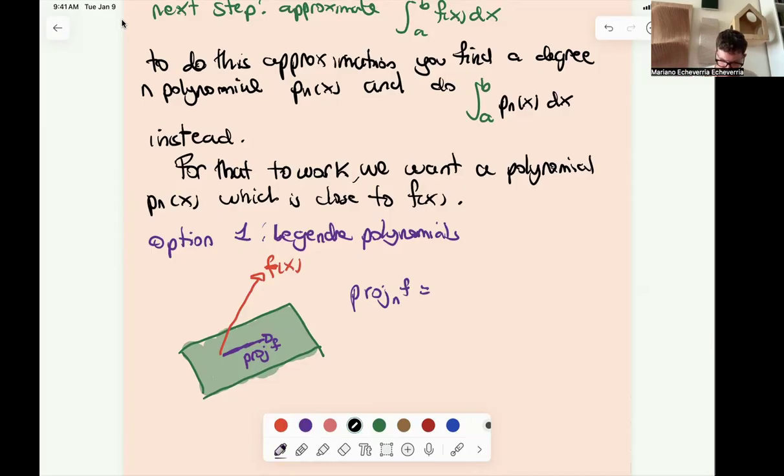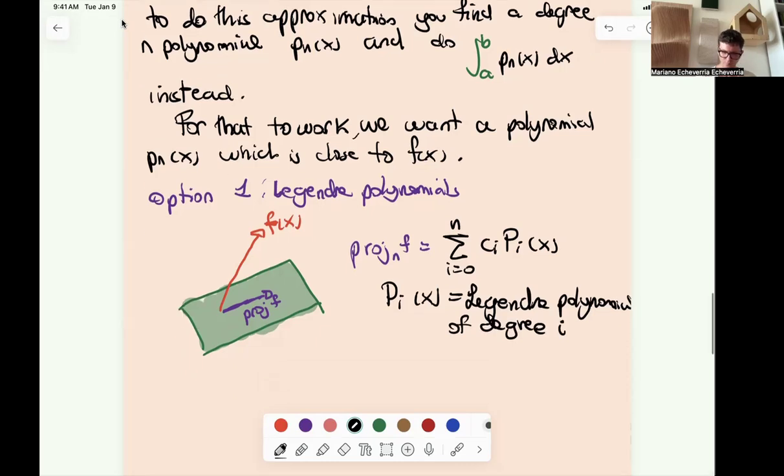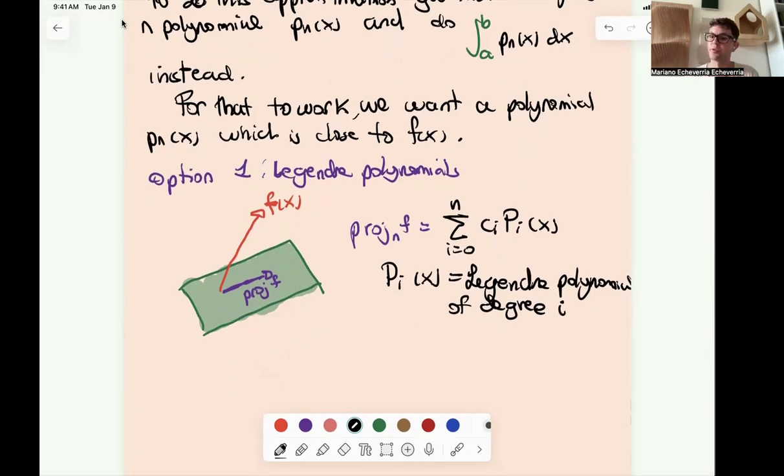And I had given you that you can express this as a combination of the distinct Legendre polynomials, where pi of x was a Legendre polynomial of degree i. So one possibility you could have tried, and this is option one, is to approximate.